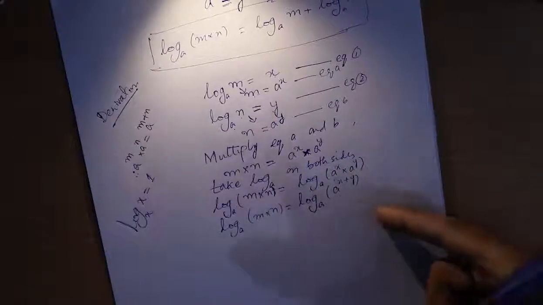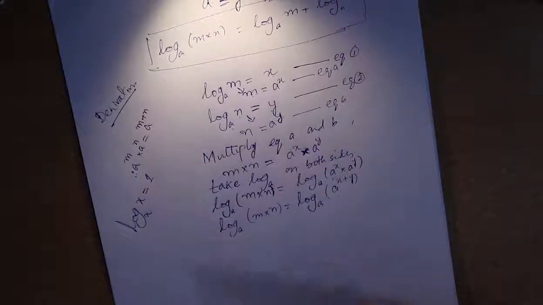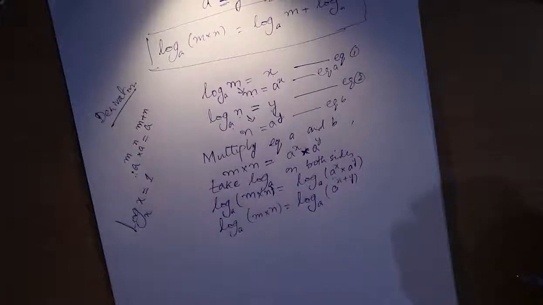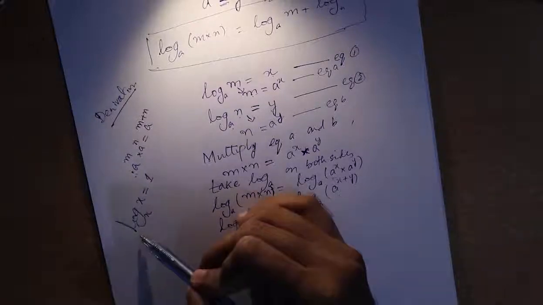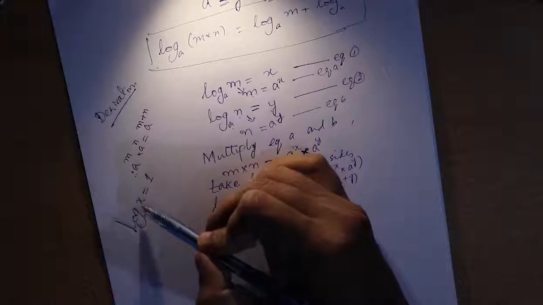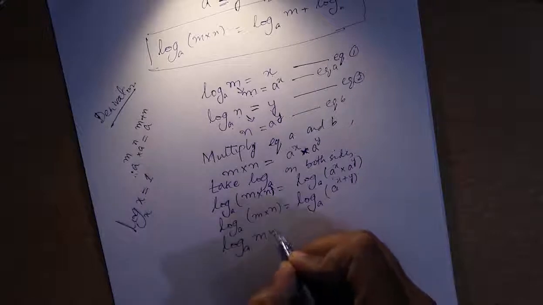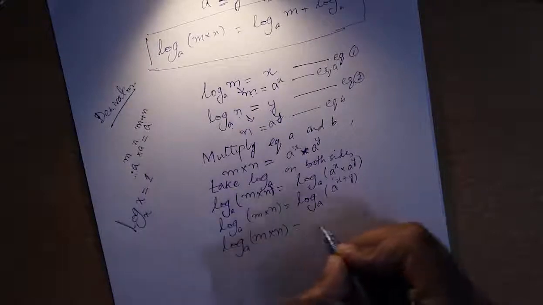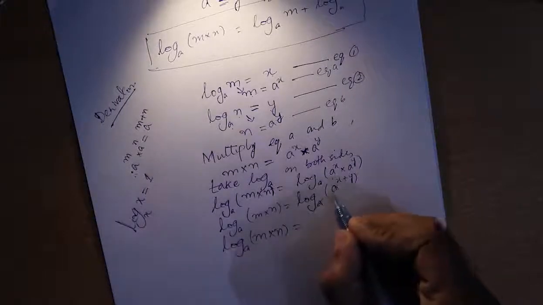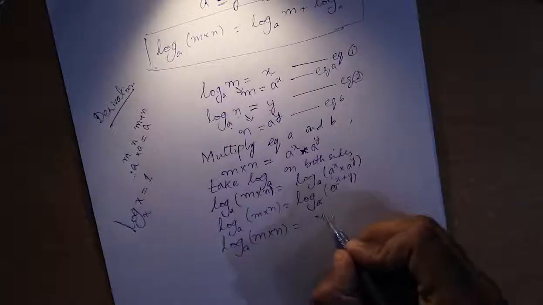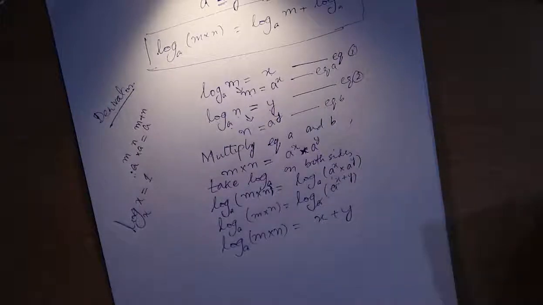This can also be solved with the help of a formula, but we haven't derived that formula yet. So we will derive it directly by saying that the log of x on base x is simply 1. So we will write log a of m into n equals, the base a and the log cancel out, and you will simply get x plus y.